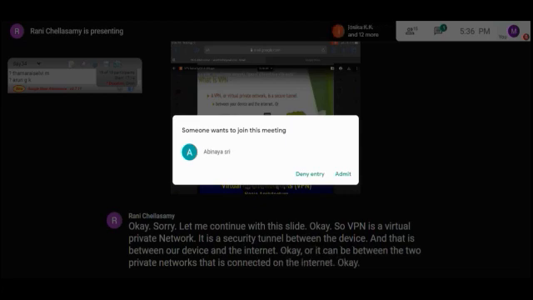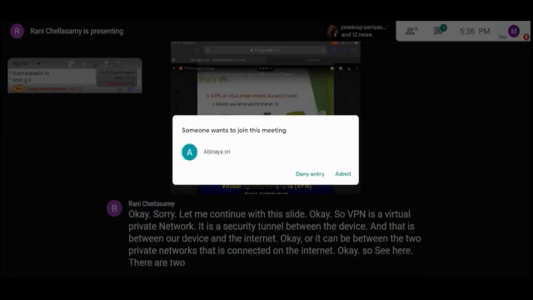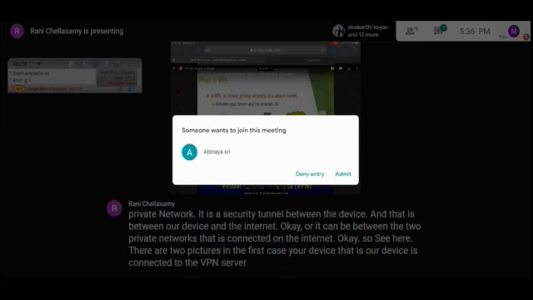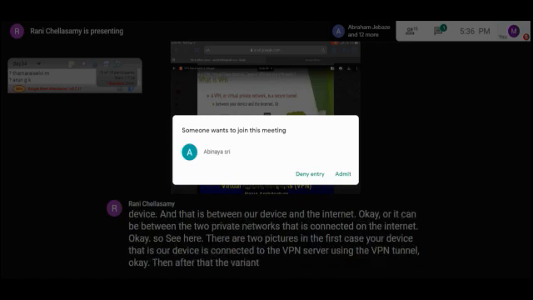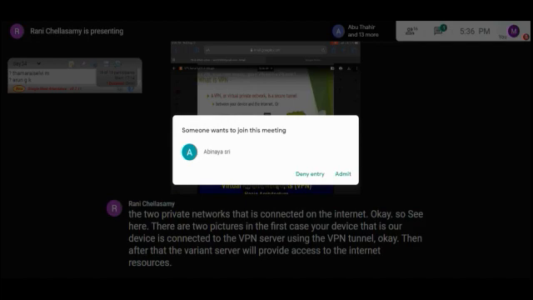See here, there are two pictures. In the first case, our device is connected to the VPN server using the VPN tunnel. Then after that, the VPN server will provide access to the internet resources.